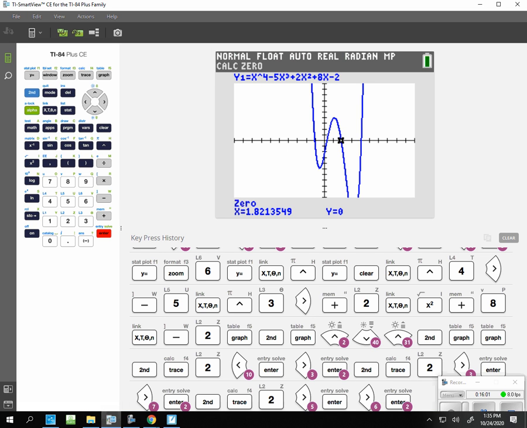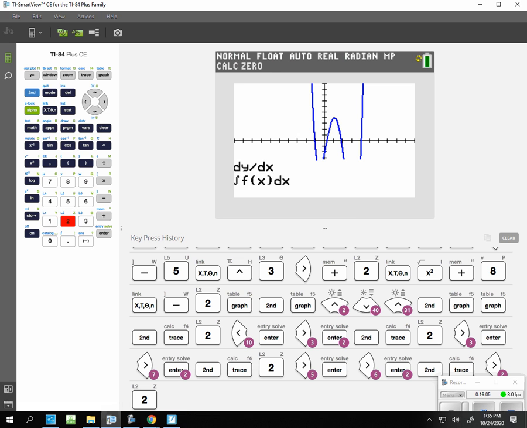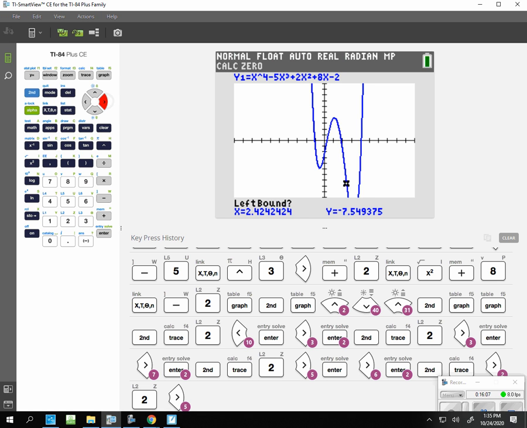And the last one on my graphing calculator. Hit second, trace, 0. So now hit enter when it's below, arrow to the right, enter when it's above, and it's going to give you the 0 in between. So 4.05, rounding to the nearest hundredth.